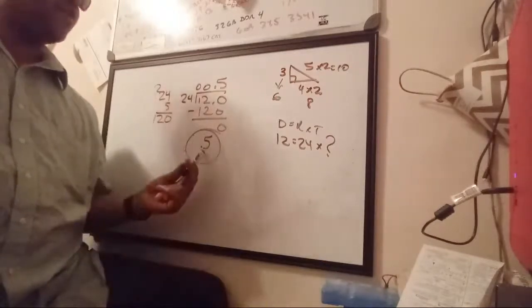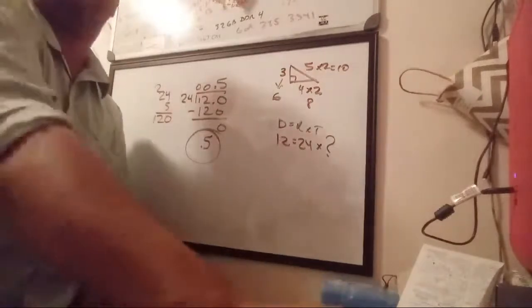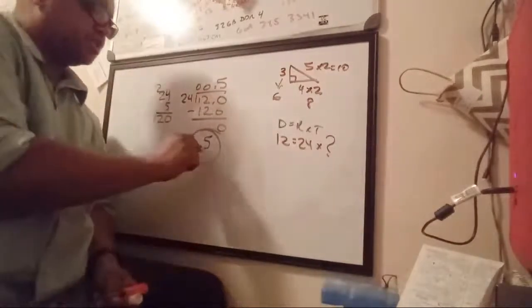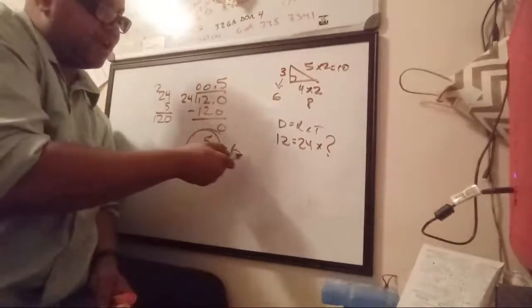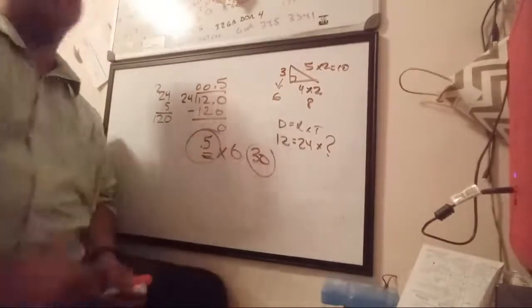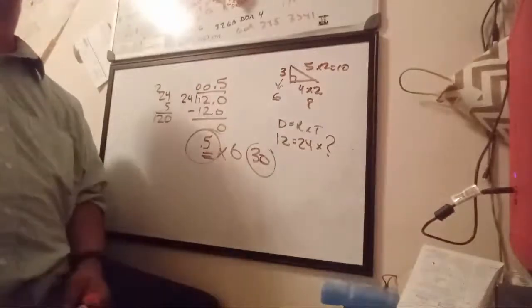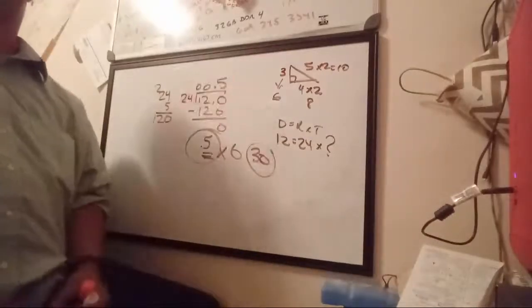How do we convert that to minutes? Times it by 60. 5 times 6 is 30. So for 30 minutes, the ship will be in range of the guns.